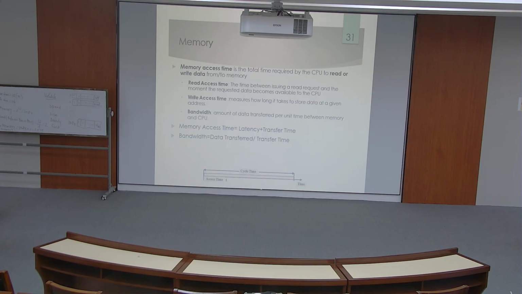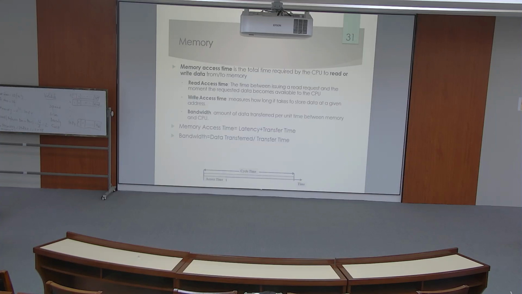Now, memory access time. For memory, we talked about the size, the speed, the density, and the cost. Now we need to understand what memory access time is and why it is very important.